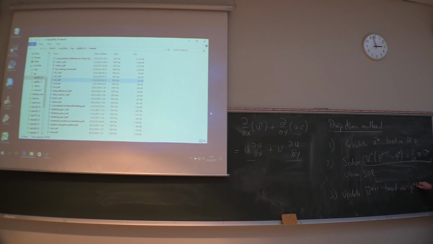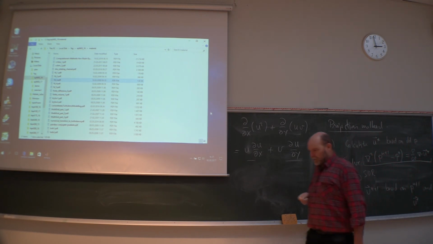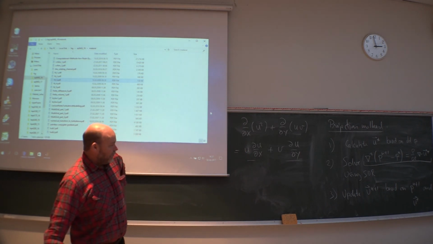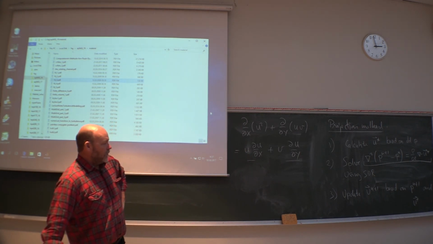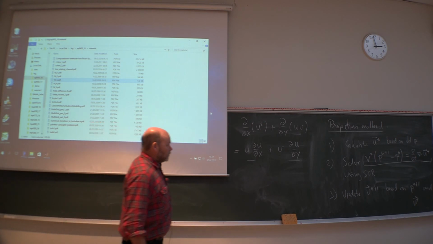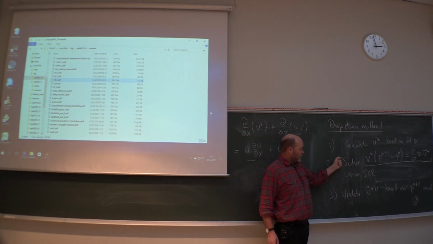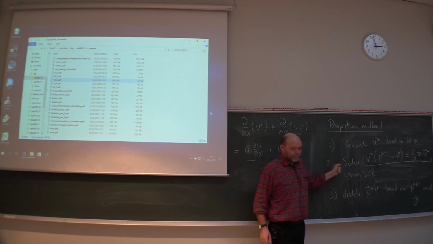The P n plus 1 pressure field, and of course also the tentative velocity field that we had. Also the last point, trivial, just one sweep of the entire field, then you have updated the velocities. So the CPU is going to burn away here, solving this elliptic equation.